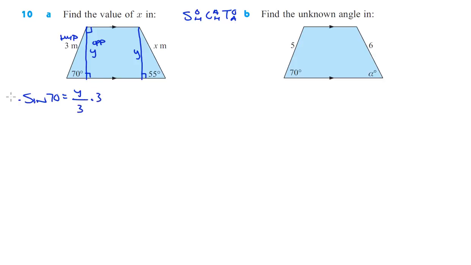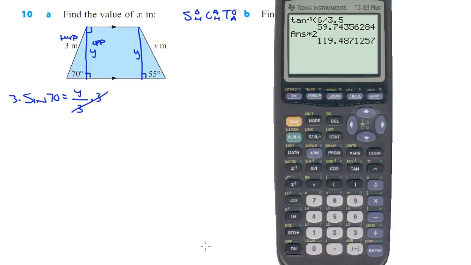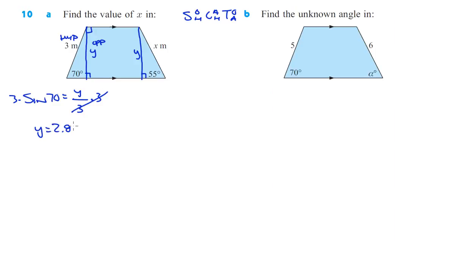Multiply both sides by 3, and we'll get what y is. So we get 3 sine 70, which gives us 2.819. So I'm going to go with 2.82 just to give us a nice accurate answer. So y equals 2.82 meters.